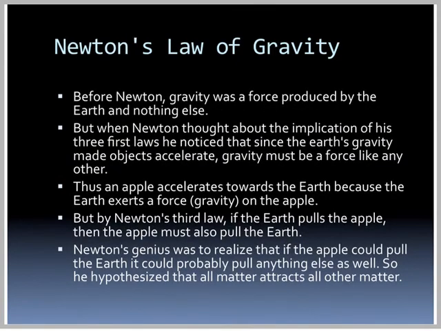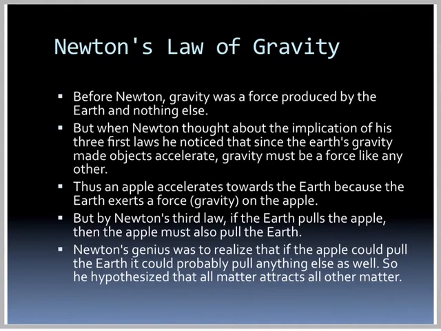So before Newton, gravity was a force produced by the Earth and nothing else. But when Newton thought about the implication of his first three laws, he noticed that since the Earth's gravity makes objects accelerate, gravity must be a force like any other. Thus, as the story goes, as he's watching an apple fall under the apple tree, it fell to the earth because the earth exerted a force on the apple.